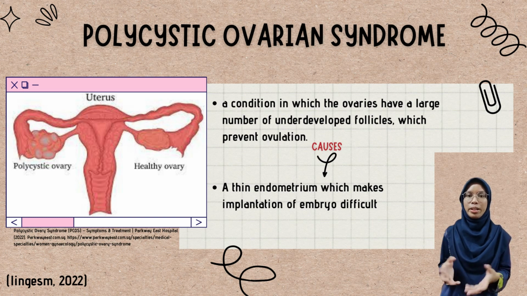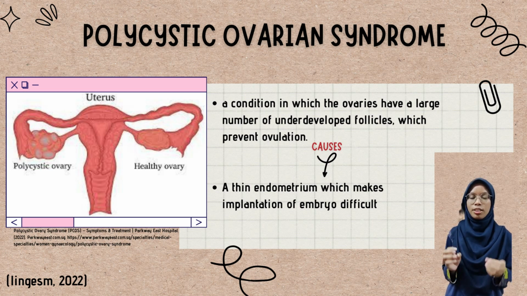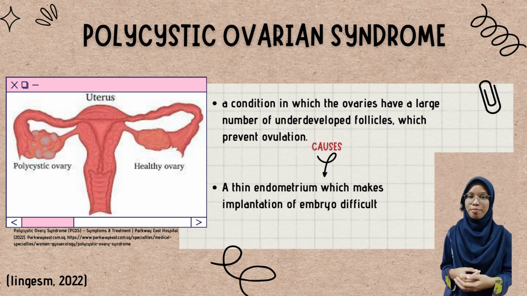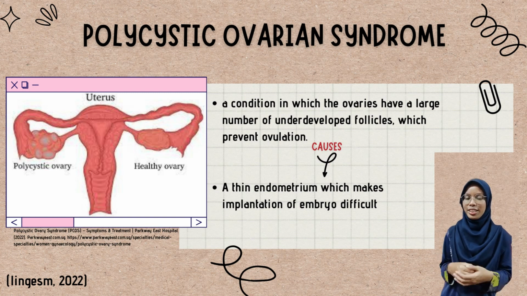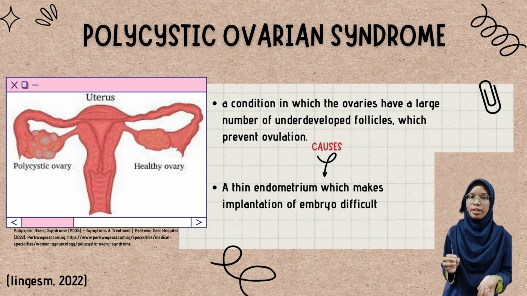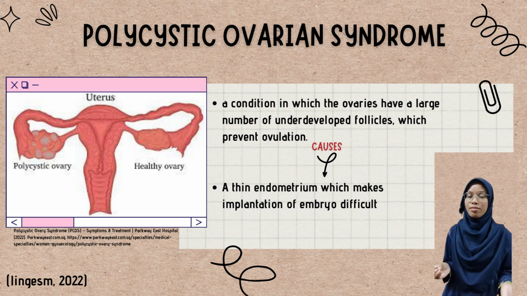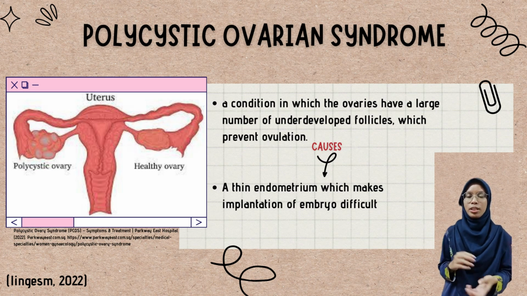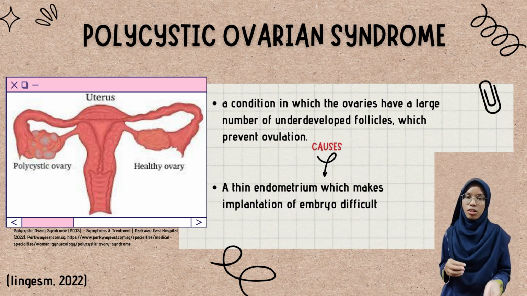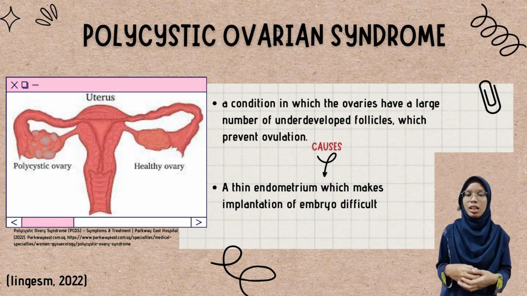One is the presence of many underdeveloped follicles in the ovaries that cause obstruction to ovulation. The second factor is low secretion of progesterone and estrogen, hormones affecting the ovaries. And this affects the development and growth of the oocytes and the corpus luteum. These factors lead to a thin endometrium layer that affects the growth and development of the fetus in early pregnancy.